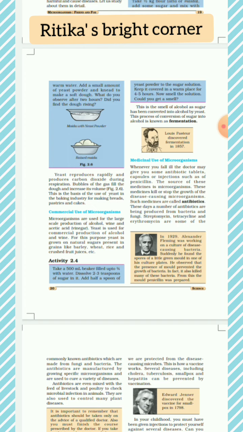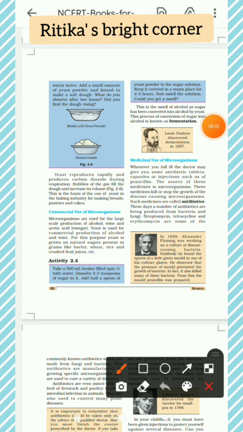The next main person who comes here is Alexander Fleming. So who is this Alexander Fleming and what had he done? In 1929, Alexander Fleming was working on cultures of disease-causing bacteria. Suddenly he found spores of a little green mold in one of his culture plates.